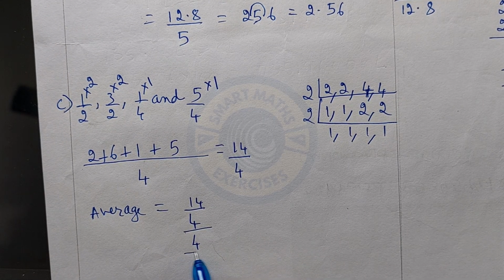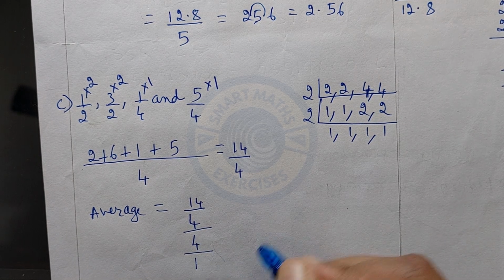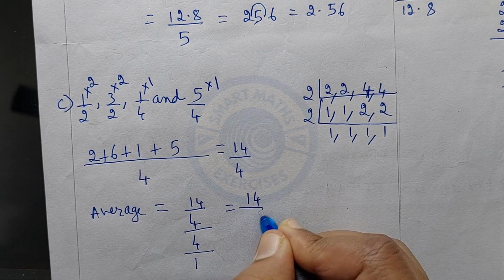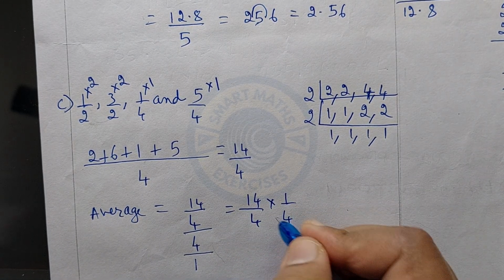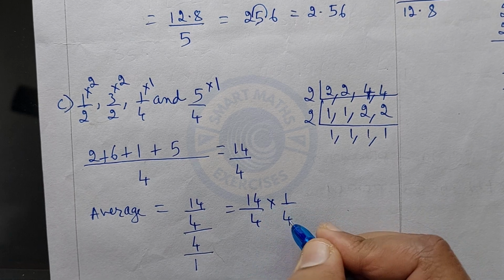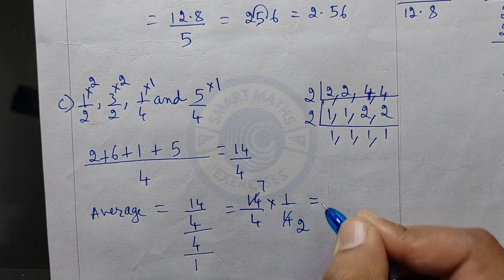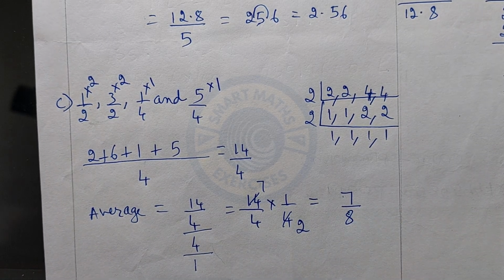Nothing below, so we put 1 in the denominator. When 4 by 1 goes up, it becomes the reciprocal, that is 14 by 4 into 1 by 4. Simplify this. 14 and 4 both go in the 2 table. 2 2s are 4, 2 7s are 14, 7 1s are 7, 4 2s are 8. 7 by 8 is the answer.